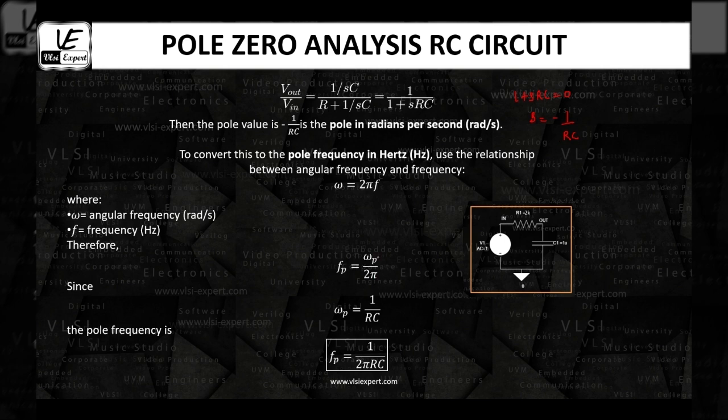So what is going to be my frequency in hertz? That is equal to omega p divided by 2 pi. My omega p is equal to 1 by RC, so my pole frequency is equal to 1 by 2 pi RC.